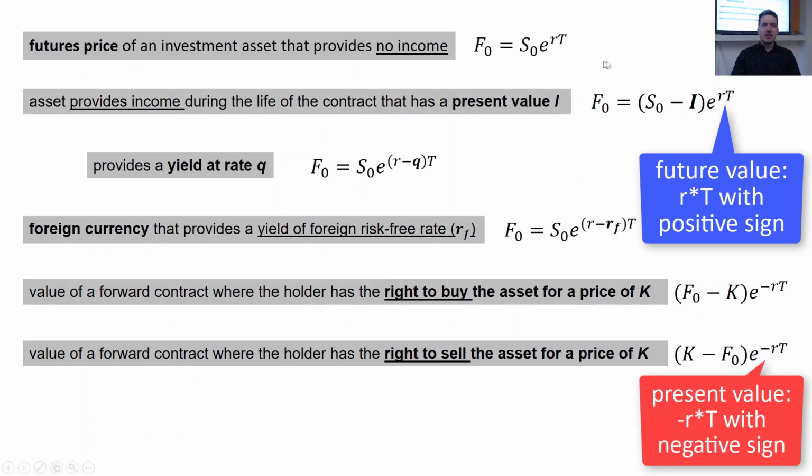But what is happening if some kind of income is realized, so let's say a dividend in the future? Then we have to deduct this income from the spot price, and the same thing will be used. And after that, what is happening if it pays any kind of interest at a rate of Q?